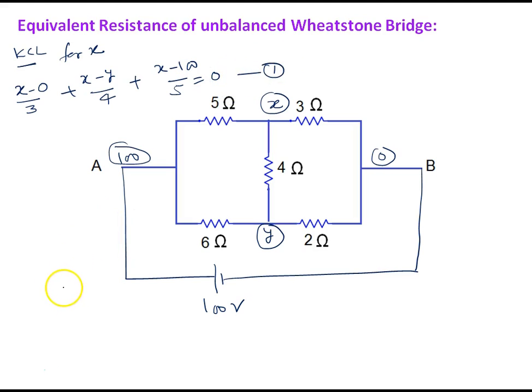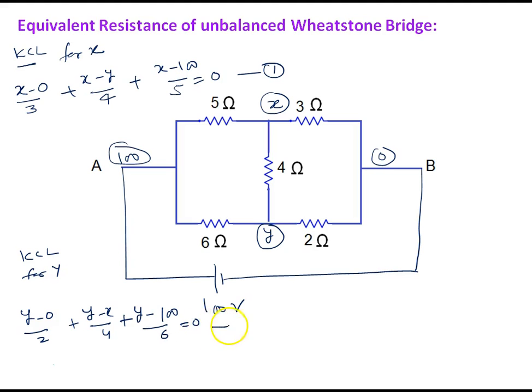Then write KCL for Y. Y minus 0 upon 2, Y minus X upon 4, Y minus 100 upon 6 equal to 0. Okay. Now with these equations you calculate the value of X and the value of Y.